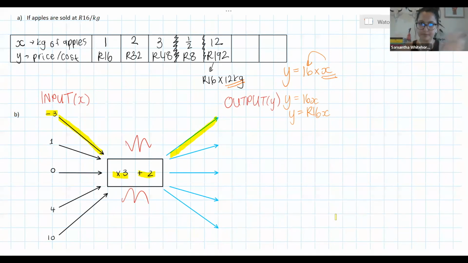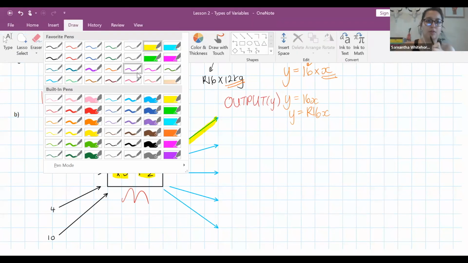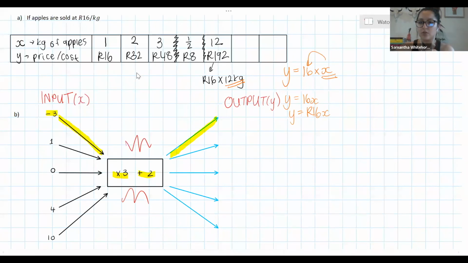So you can put your hand up, you can put it in the chat. What is my output when I do all of those operations that I've been told to do? Tulane, what do you think? Oh, sorry, I think I clicked on the wrong person. Or did you leave me? Okay, that's all right. Claire, what is the output? The output will be -7.